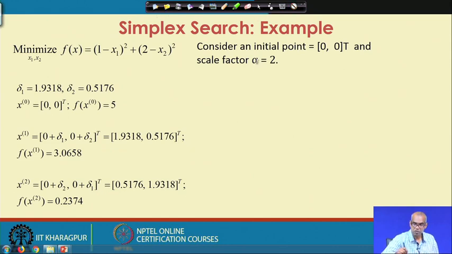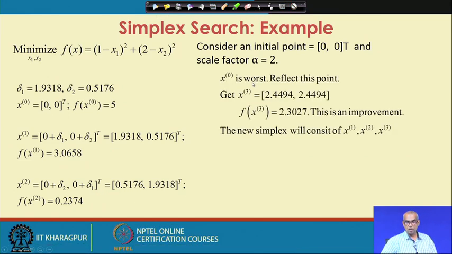So, I must replace this worst point. So, I need to reflect this point. To get the reflected point, again determine the centroid and obtain the new point as 2 x c minus x 0.